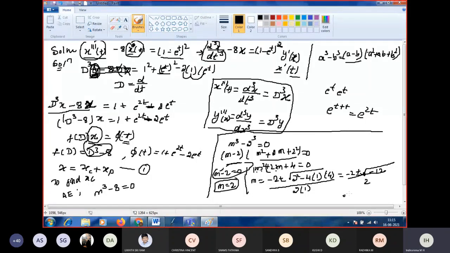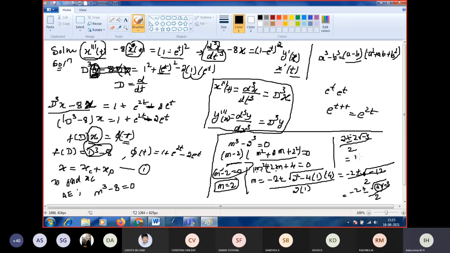Now minus 2 plus or minus root of minus 12, which can be written as 4 into minus 3. Keep 4 outside the square root: it becomes 2 into root of minus 3. Take 2 common in the numerator and cancel it.